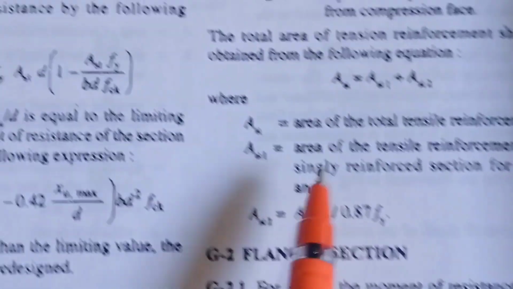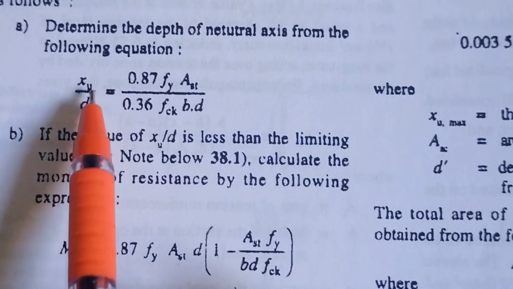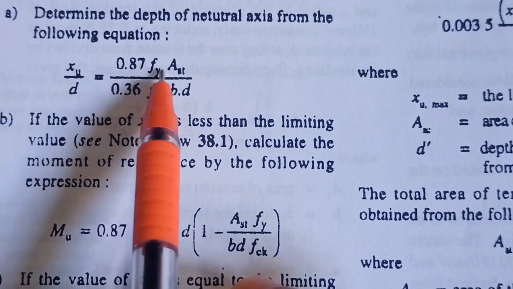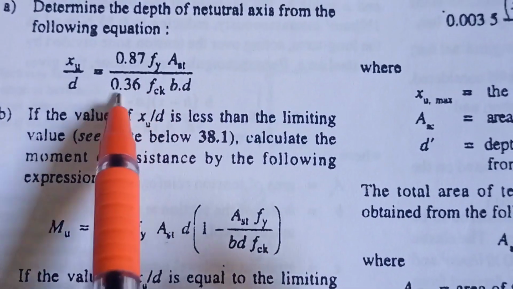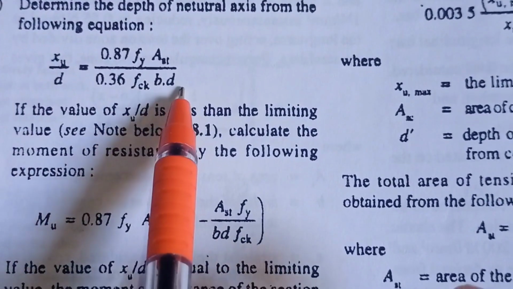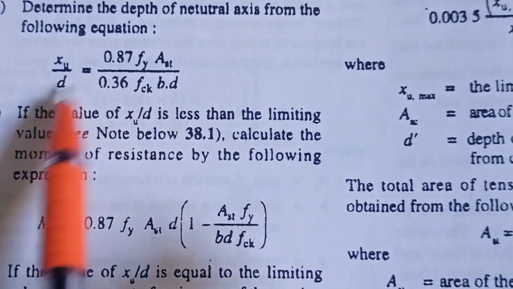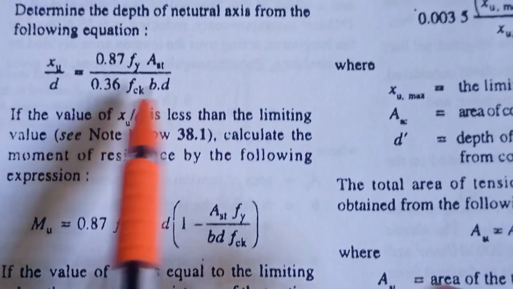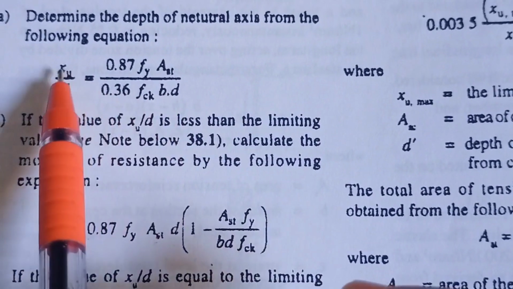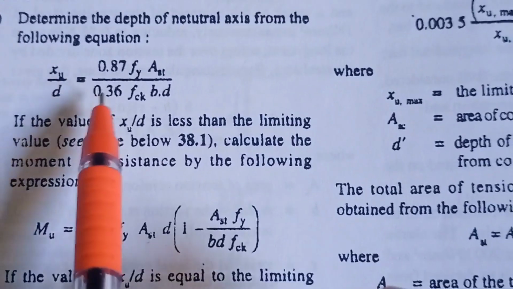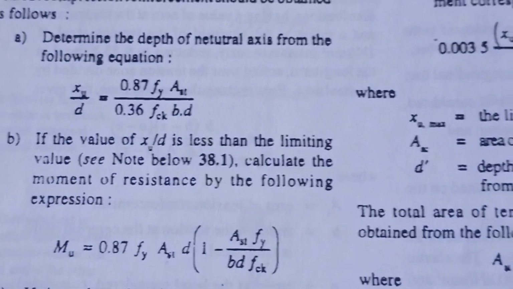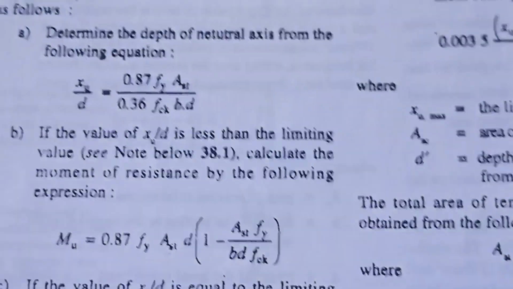I'm using this formula: XU divided by D is equal to 0.87 Fy AST divided by 0.36 FCK B into D. Both sides have D in the denominator, so I will cancel D, and after cancelling, AST is equal to 0.36 FCK B into XU divided by 0.87 Fy. By using this formula, I will calculate the AST1.